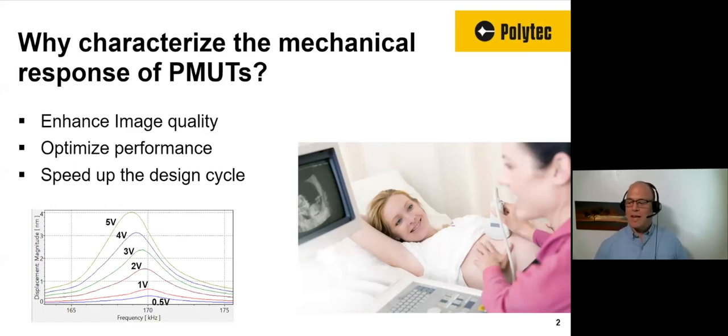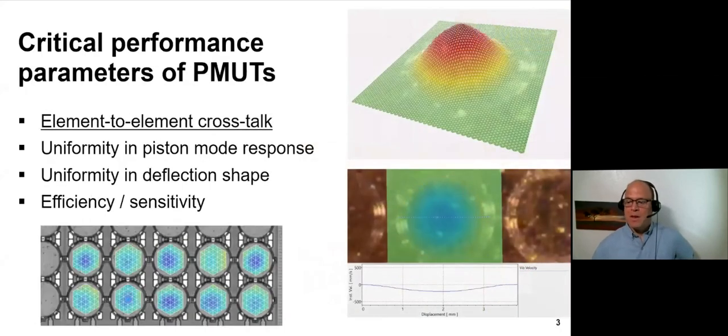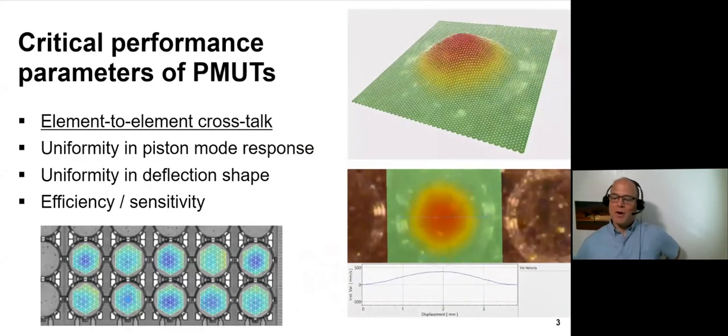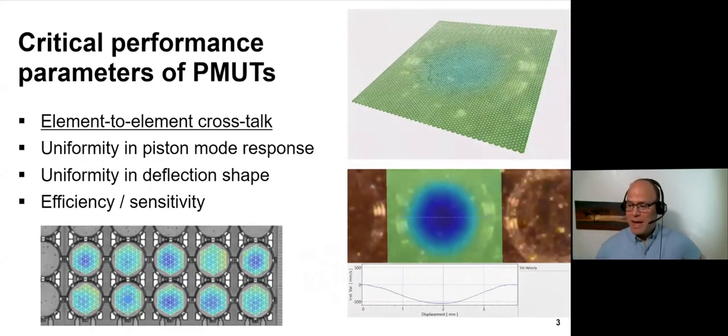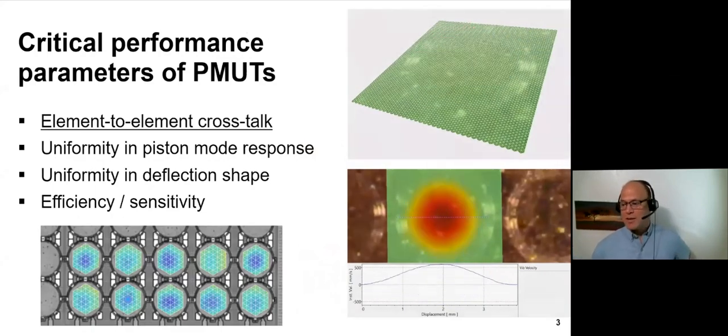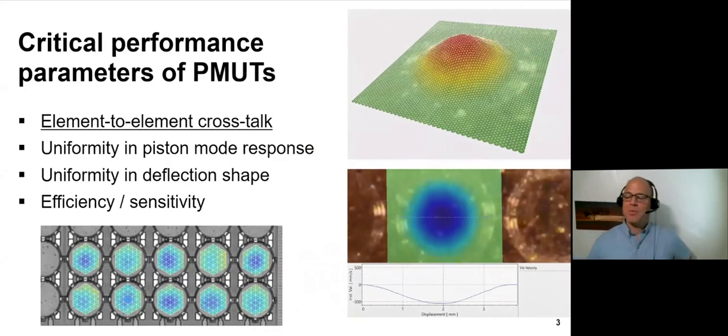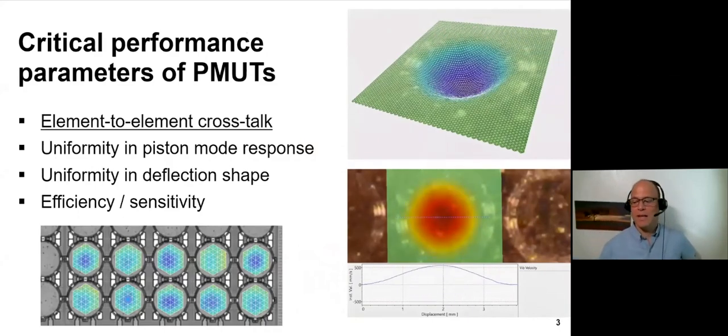Knowing the actual dynamic behavior of the PMUT gives the engineer the right feedback to optimize the performance, like efficiency, for example. Having accurate characterization data enables fast design cycles, as the model can be perfected in very few iterations. Accurate model validation requires knowledge about the direct mechanical response. Acoustic and electrical tests also provide valuable information, but are not ideal for the mechanical validation.